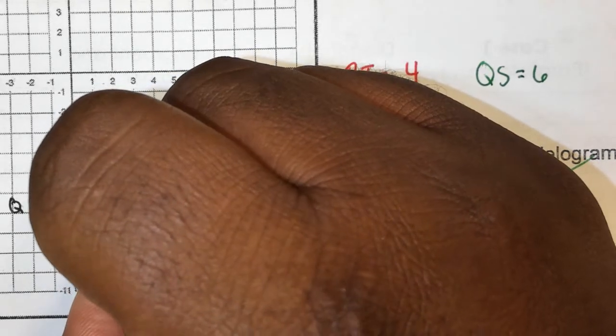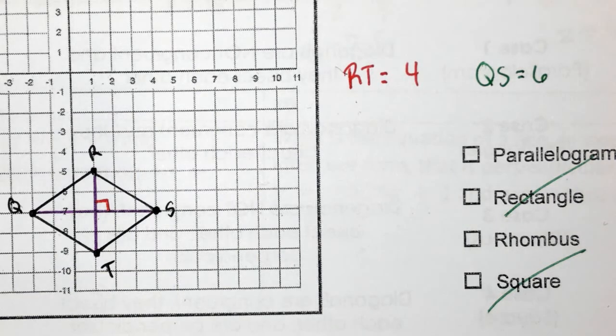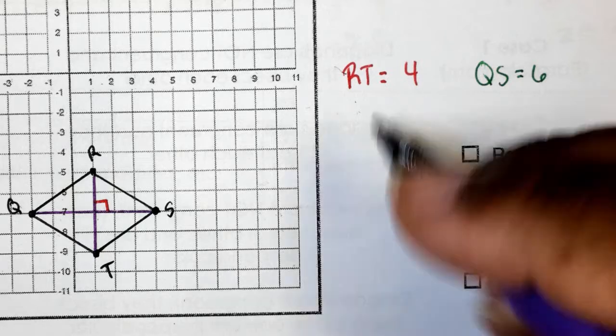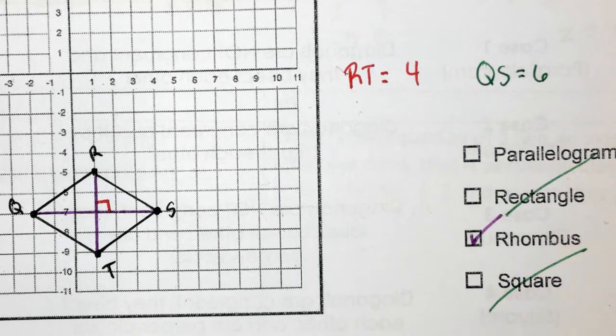Yeah, so you know it's a right angle right here. So that being said, I'm going to call this a rhombus. That's a very quick one to do, especially if it's that easy. No math was involved.